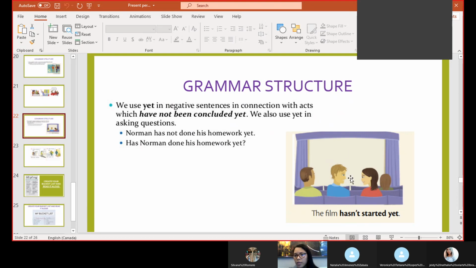Why? Because maybe they are waiting for more people to attend the function, right? Maybe. So the film hasn't started yet. The action hasn't started. It's not finished. It's not done.